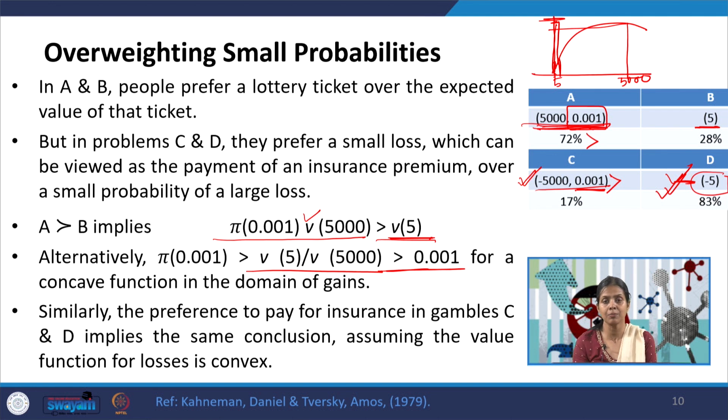Nevertheless, every year we keep on renewing it because we assign much larger probability of a health problem and the associated damage. So, this is what is overweighting small probabilities.